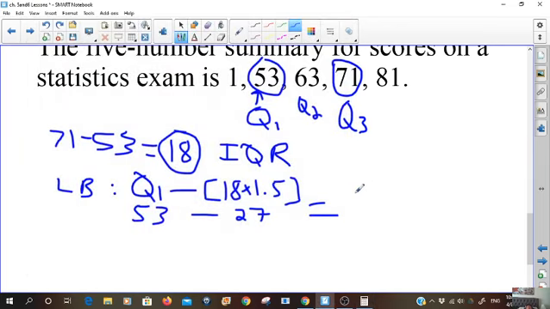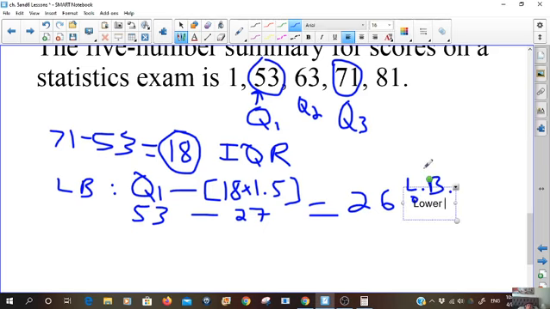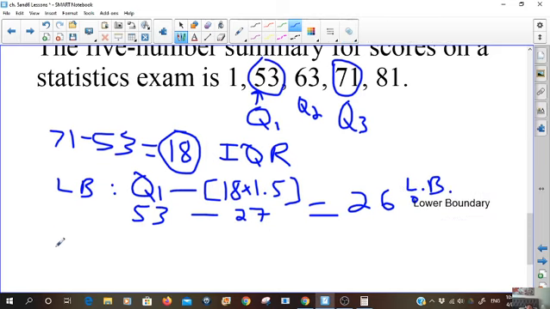Awesome. Okay, so again, that's our lower boundary, our LB. Let's just type it out. Lower boundary. Cool. Okay, so now we want to find the upper boundary, that's the UB. So the upper boundary is very similar. Memorize this.